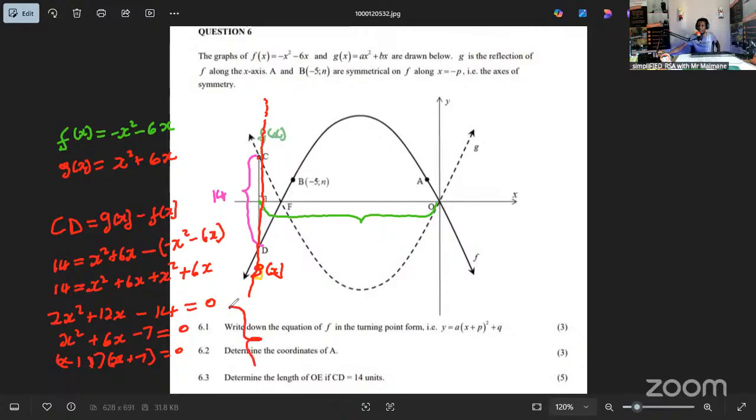Therefore, I'm going to write the answers here. So x is going to be either positive 1 or x is going to be minus 7. So the length of OE, meaning the x value, the negative 7, since we already know this is minus 5 here, the x value from here to there would be 7 units.